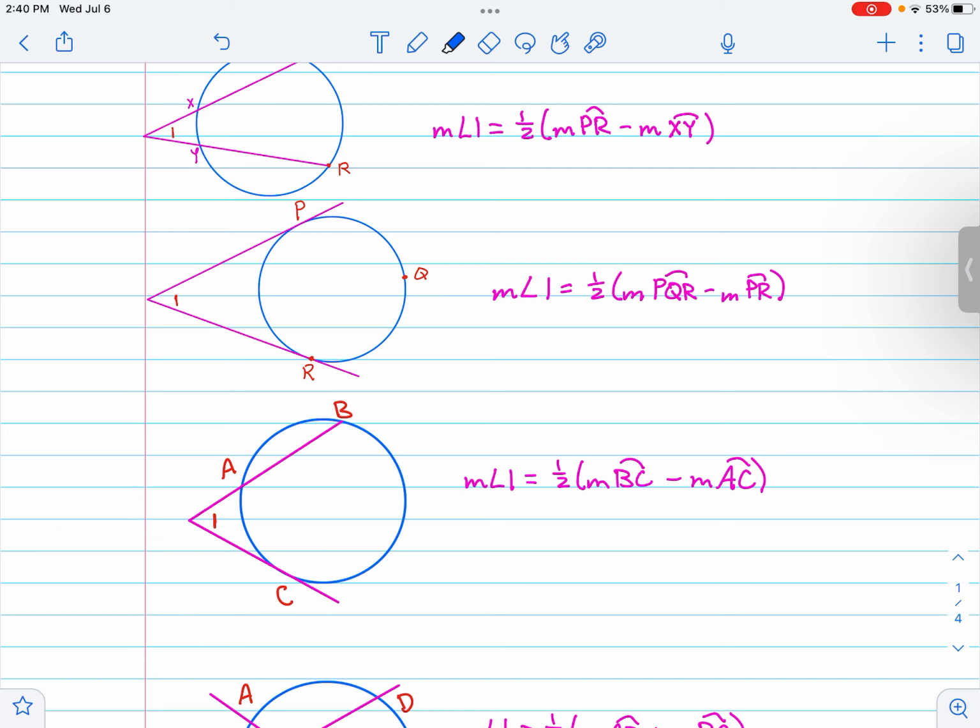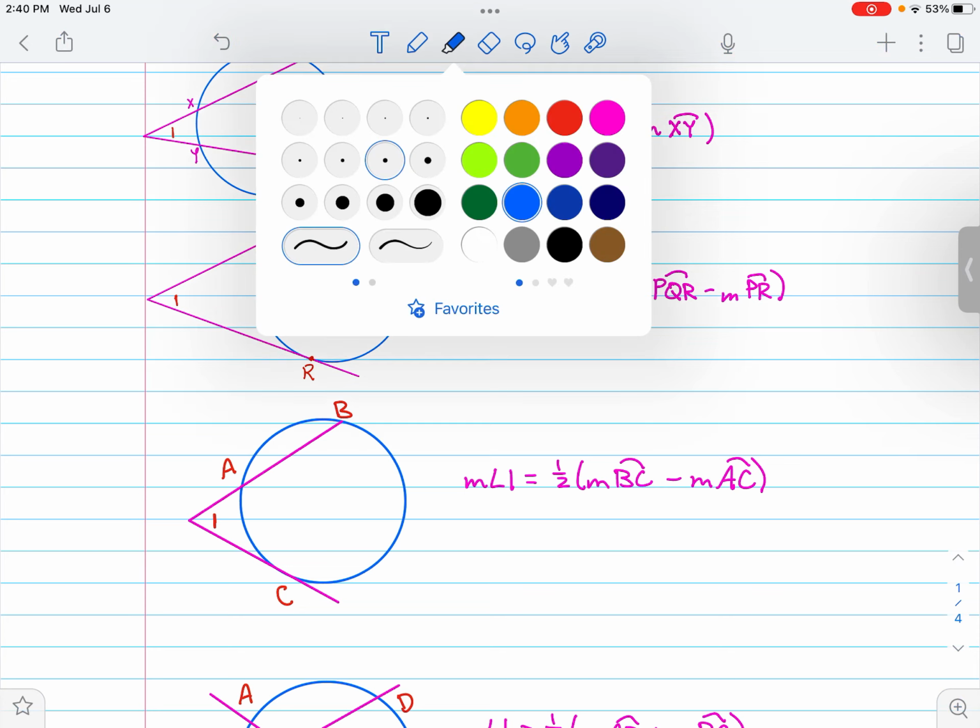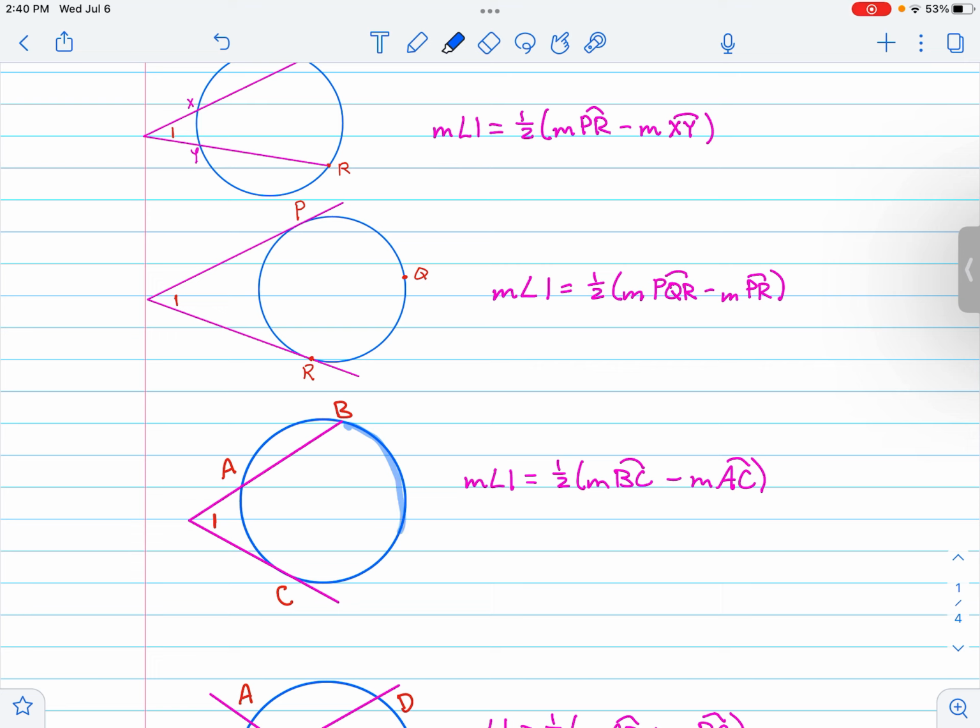You've got this BC here, and then you've got AC here, so I'm going to take 1/2 of that difference. Notice, you really do the same thing for every one of them, but they look a little different.